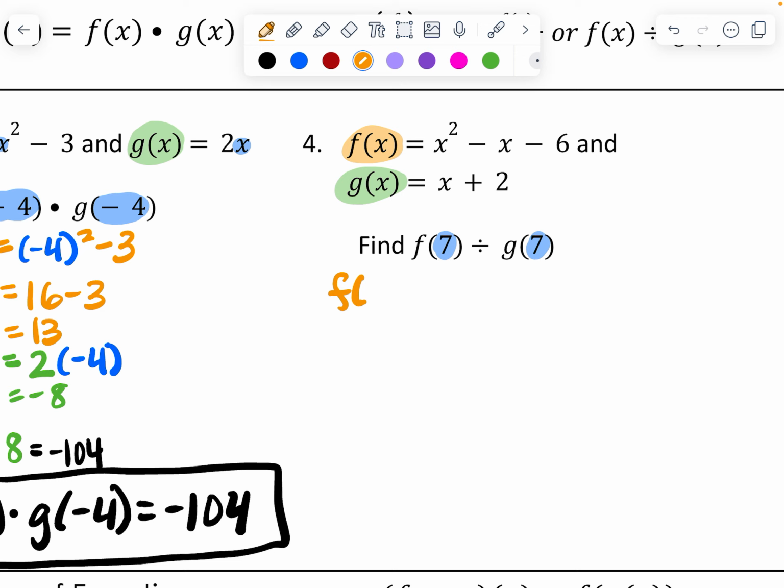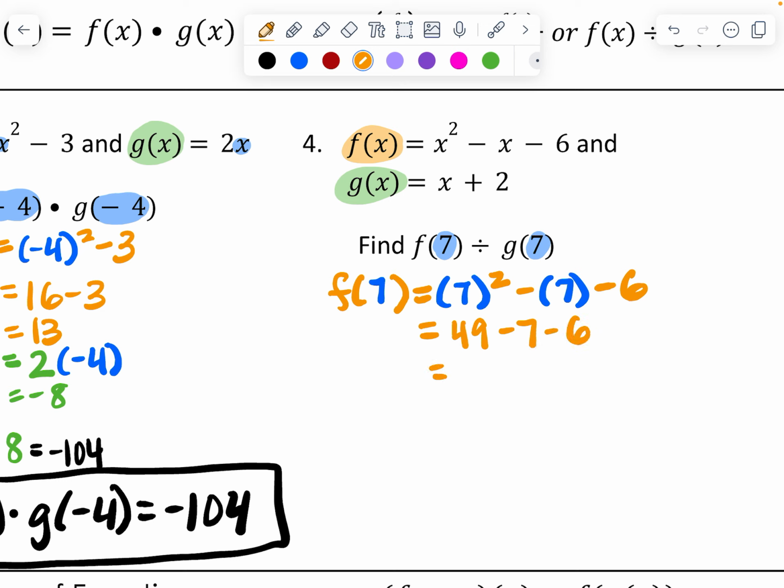F of 7 equals 7 squared minus 7 minus 6. So now I have 7 squared is 49, minus 7 minus 6. 49 minus 7 is 42 minus 6, which is 36.